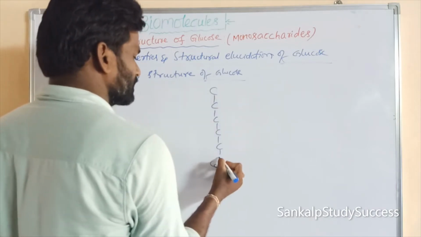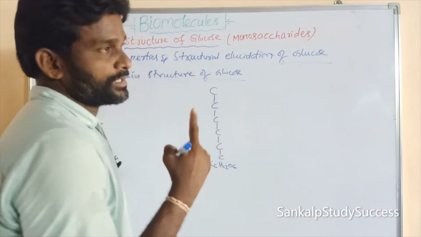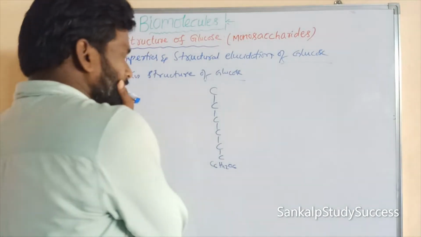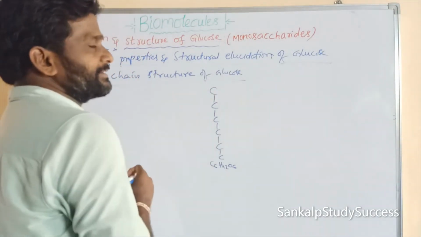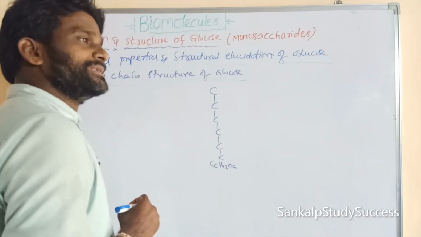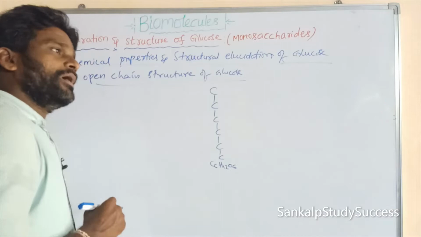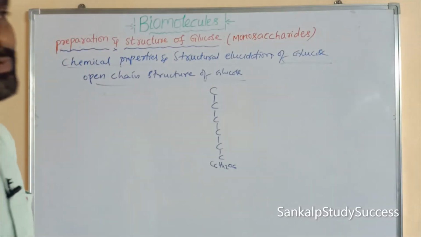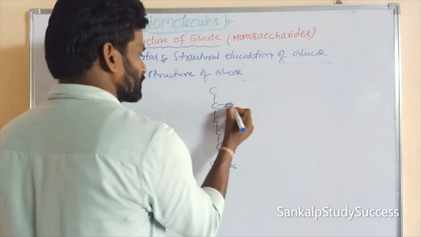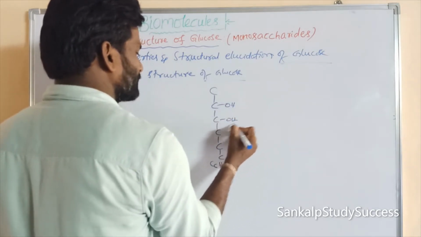These are the 6 carbons, all in a straight line. And glucose can be treated with acetic anhydride to form glucose pentaacetate. This reaction indicates that 5 OH groups are present at different carbons in glucose. So that is another point.